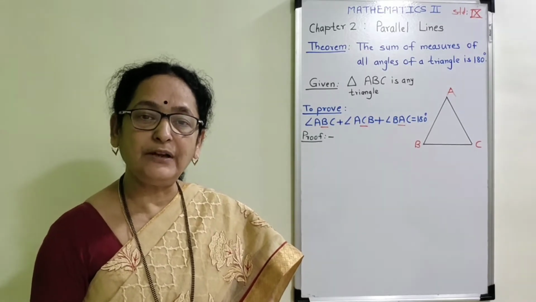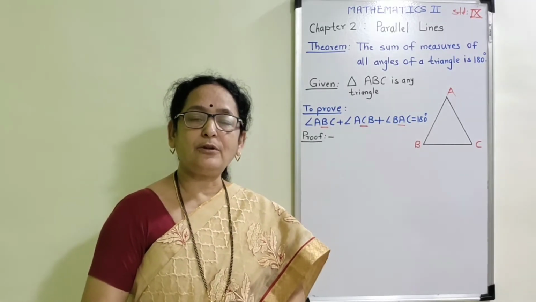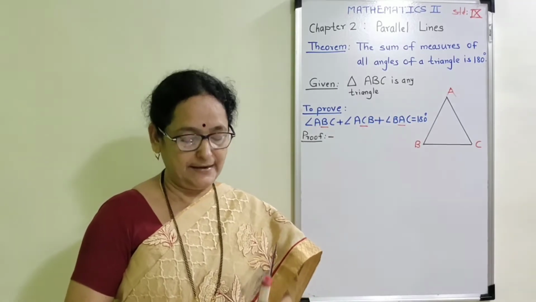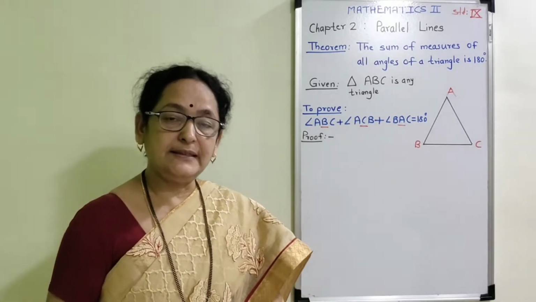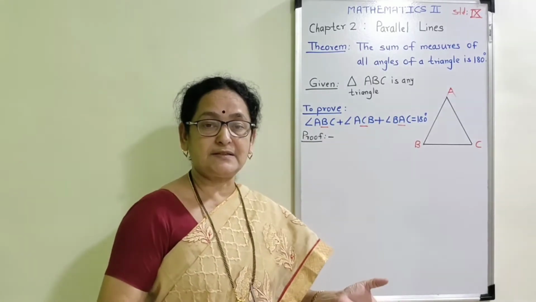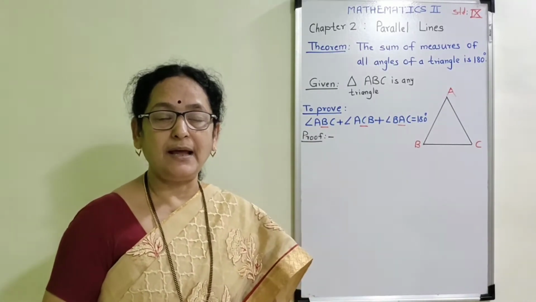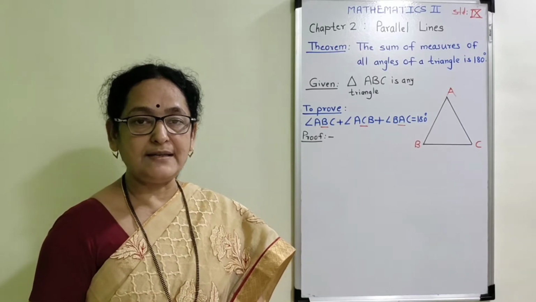With the help of the given figure of the triangle, we are not able to prove this theorem, and that's why we are going to do one simple construction. With the help of that construction, we can easily apply the properties of parallel lines.